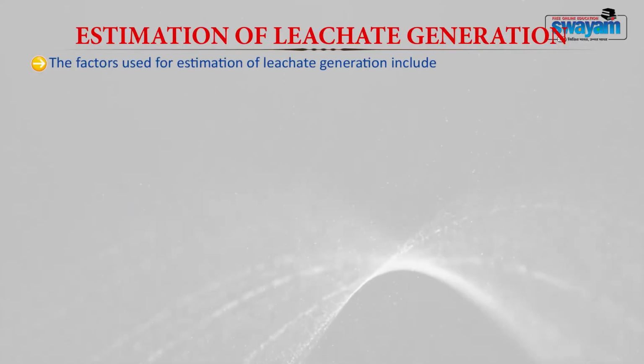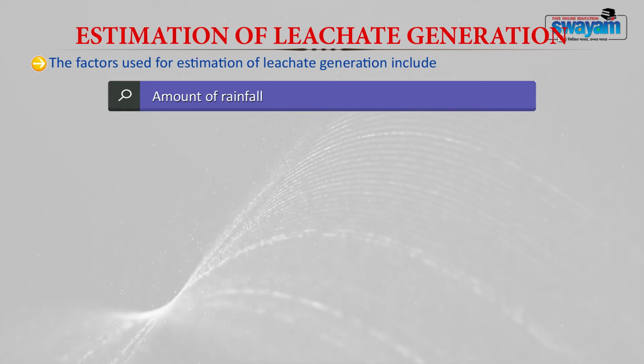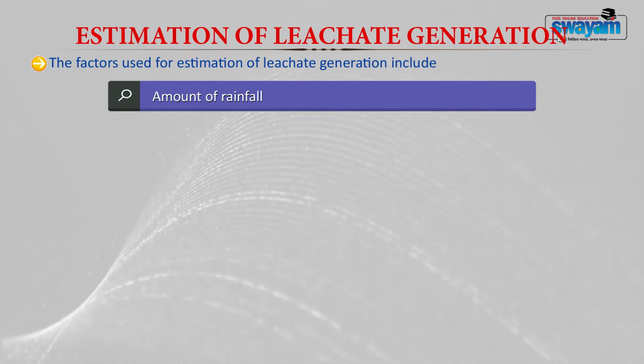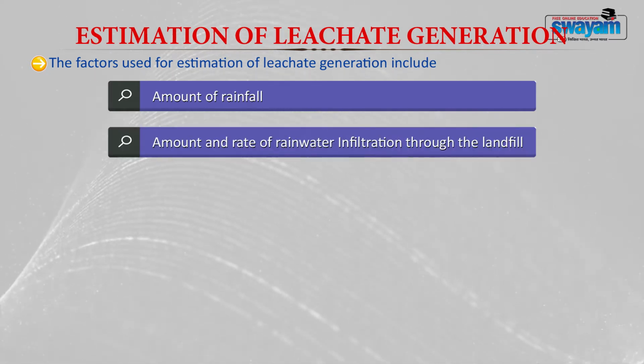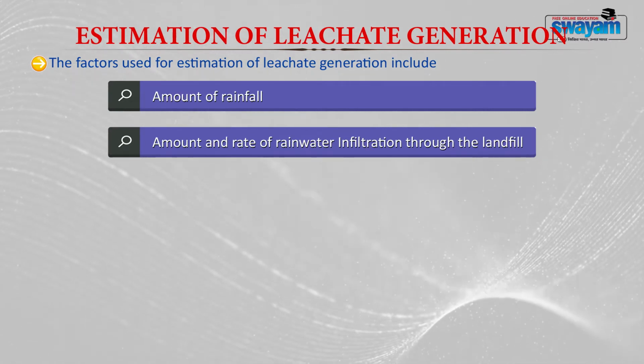Now, let us discuss the factors that you will look into while estimating, or in short, calculating, the amount of leachate generation. The factors used for the estimation of leachate are: First, the amount of rainfall that is occurring. Second, the rate at which the rainwater is infiltrating or percolating through the landfill.